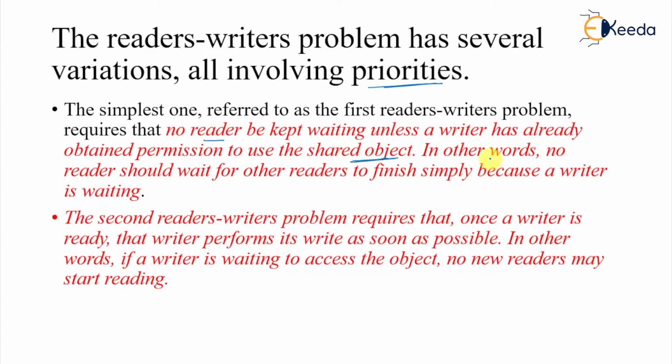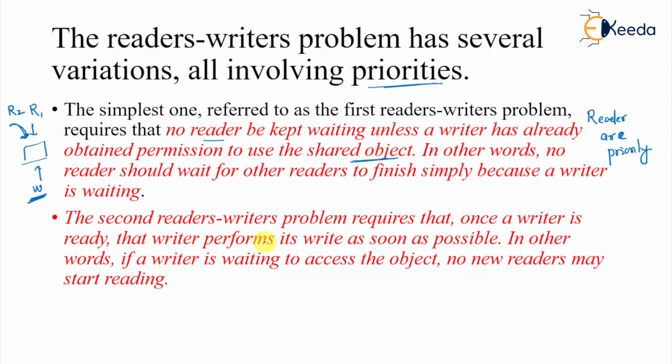If one is reading, and a writer has already obtained permission to write, and in between another reader R2 comes, R2 cannot be denied access only because the writer has obtained permission, and that means readers are given priority.